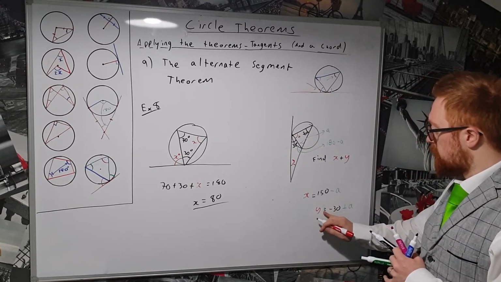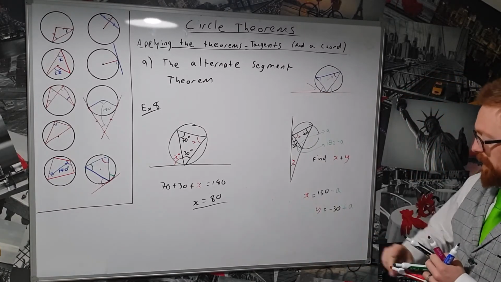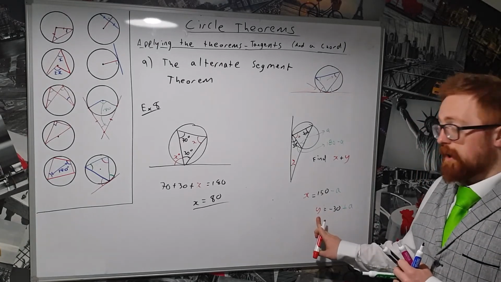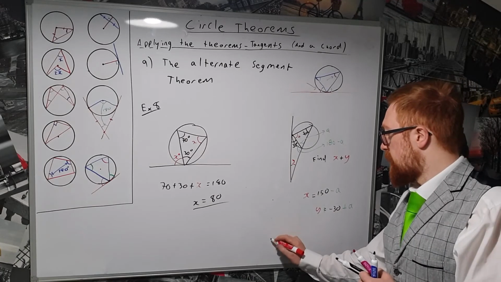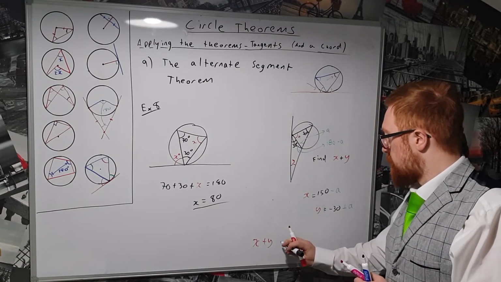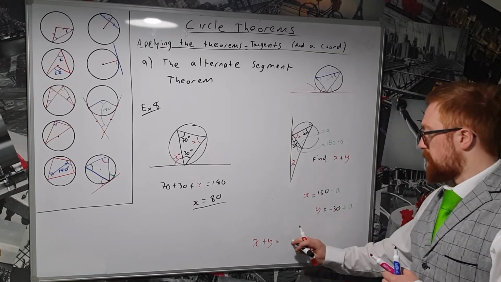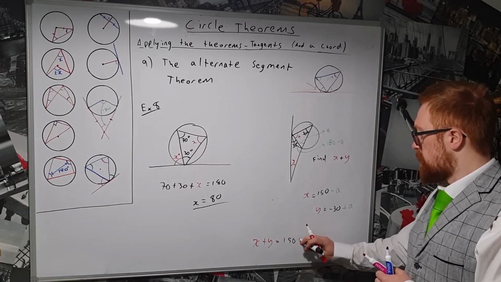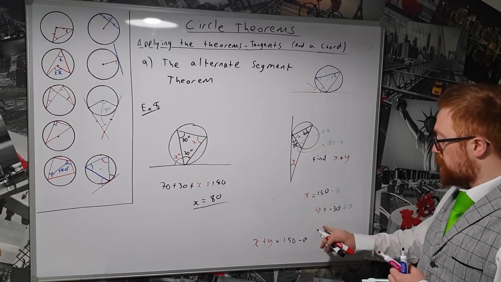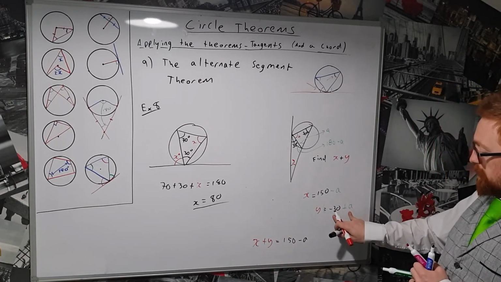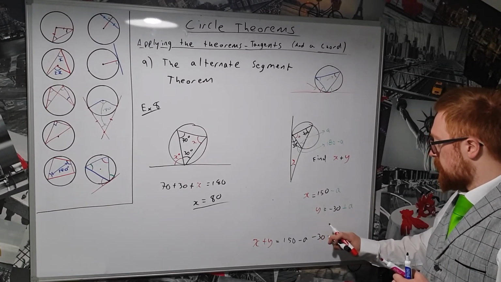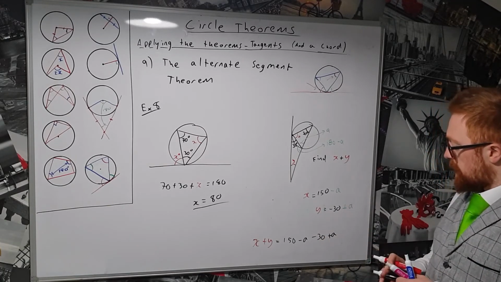Okay, beautiful. We're nearly there now. So if x is 150 minus A and y is negative 30 plus A, if I add those together, then I get 150 minus A minus 30 plus A. Now I don't need to write plus minus 30, so I'm just going to write minus 30 plus my A. And now look what happens.